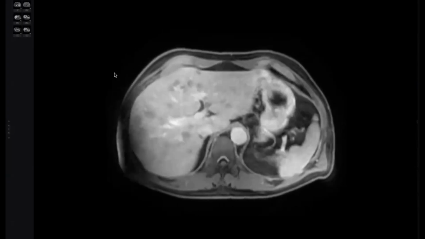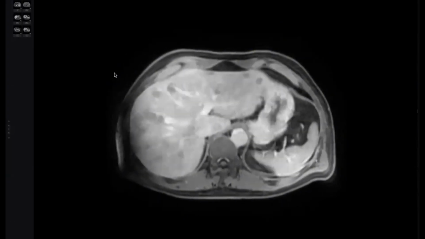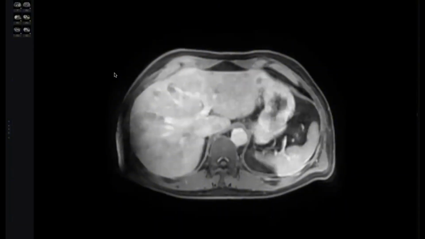This is the early arterial phase. No definite enhancement is noted, or maybe there is peripheral enhancement. No, this is the vessel, the normal liver parenchyma vessel. So there is no definite enhancement noted in these lesions.